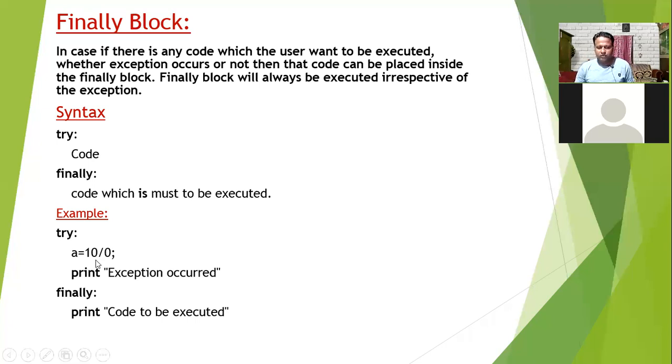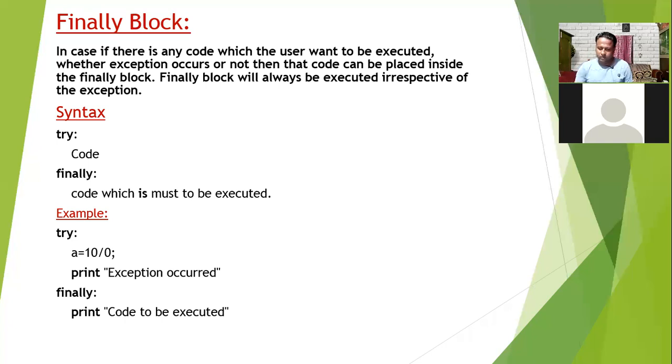Here we pass 10 by 0. It is showing you exception occurred. Then at last the finally block is executed. If your program is correct, then also the finally block is executed.